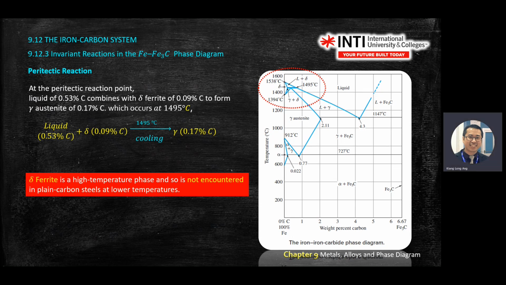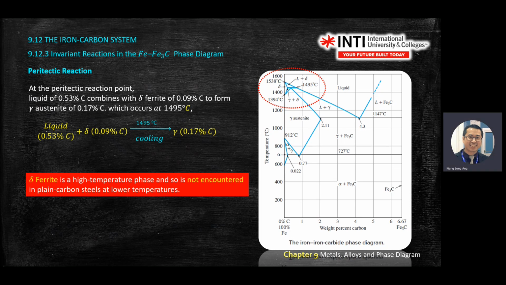You can say there are two peritectic reactions. It depends on what you focus on, because on the graph here, you have delta, you have alpha. It depends on what kind of carbon steel you want to make. So if you drop from the top, the first peritectic reaction is because liquid and delta change to gamma at this section here.